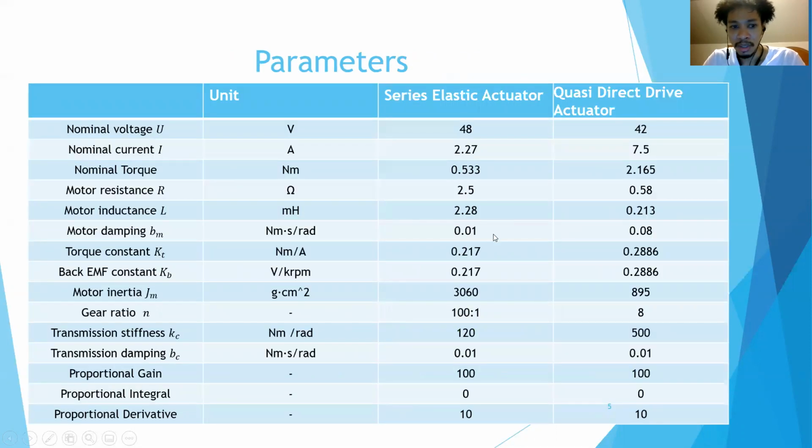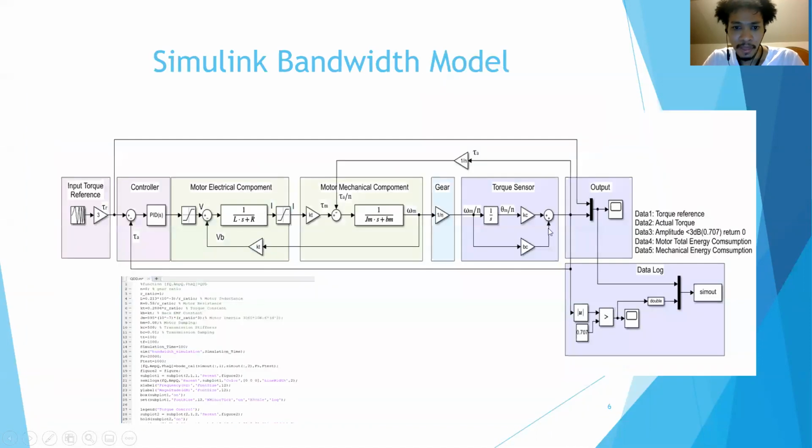Here we have the parameters that I inputted into Simulink and MATLAB. Here's the bandwidth model that was run. We can see the MATLAB codes here that were used to run the system. We see the PID controller, which can be manipulated.